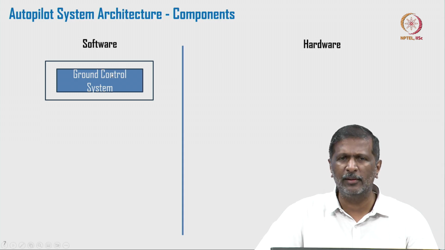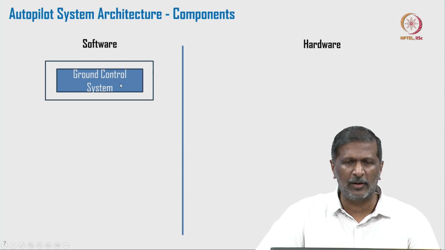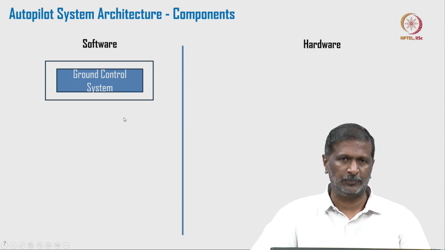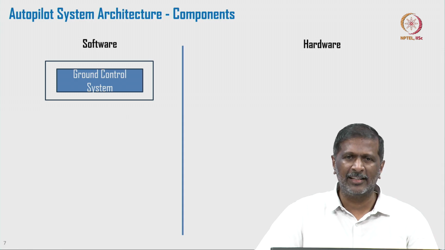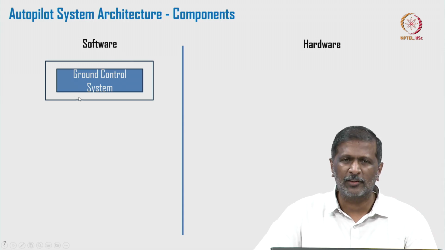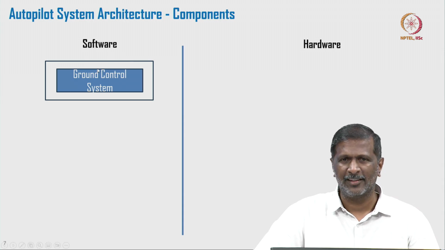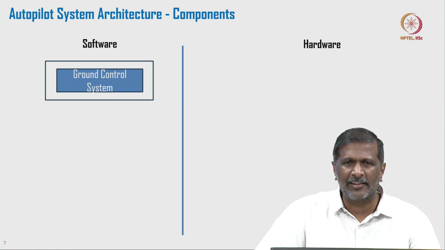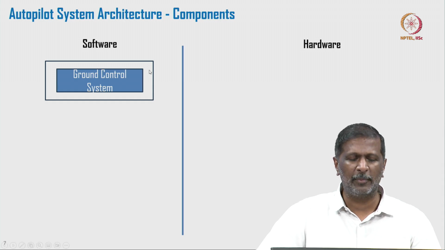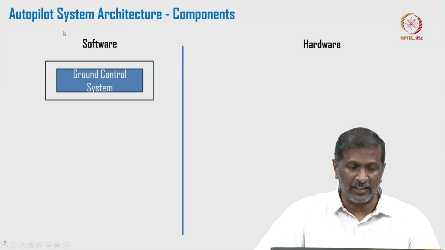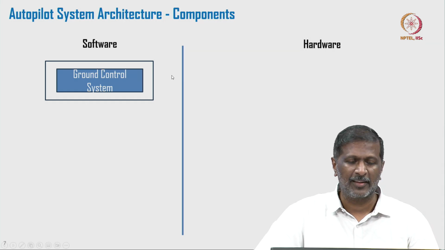You can specify all these, and this is where you will be transmitting the data from your ground control to your brain. The drone will also transmit its current state to your ground control system. The ground control system will just provide the real-time position of this drone on the map for you to see whether it is really performing what it's supposed to do. That's one software itself, right?